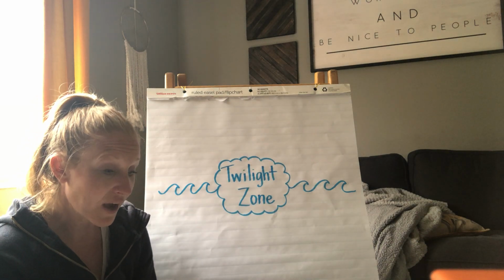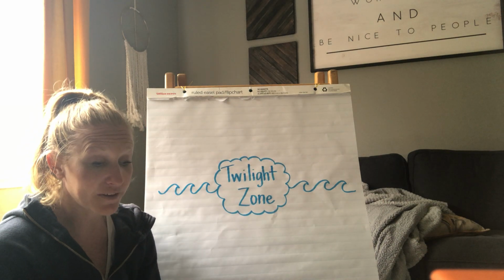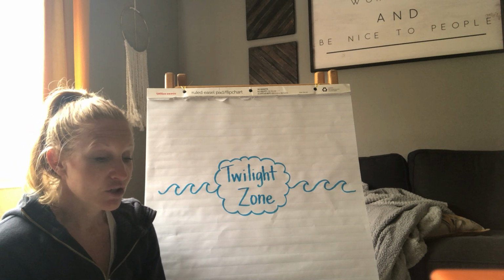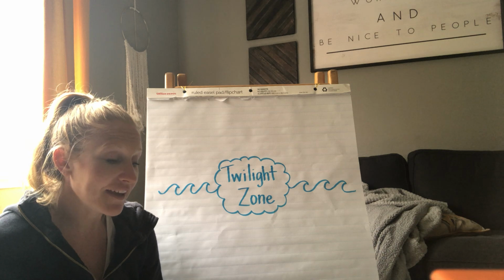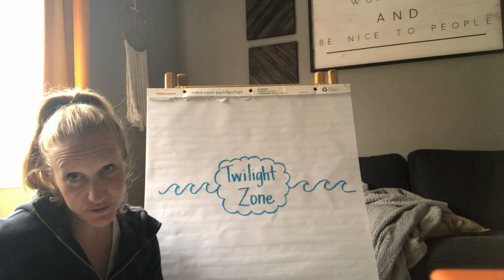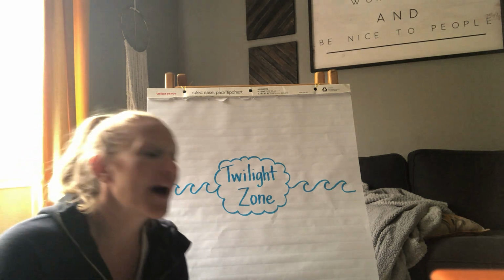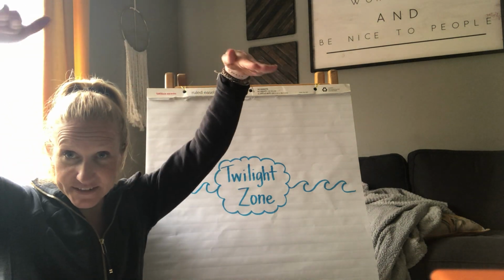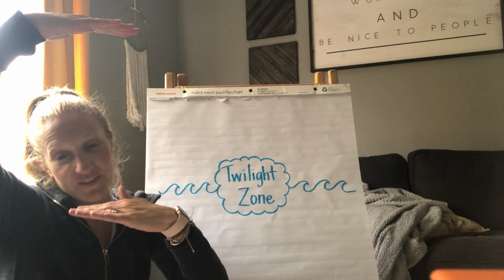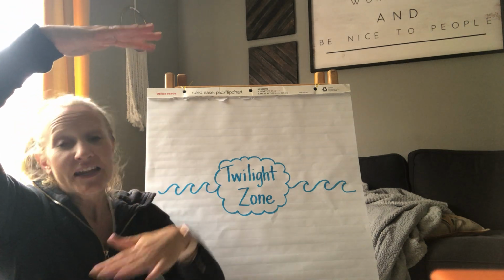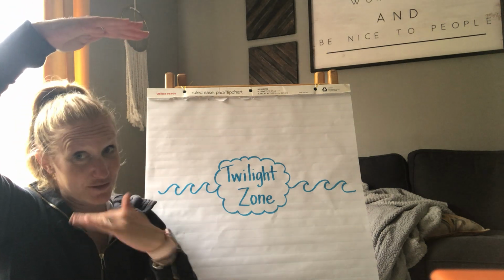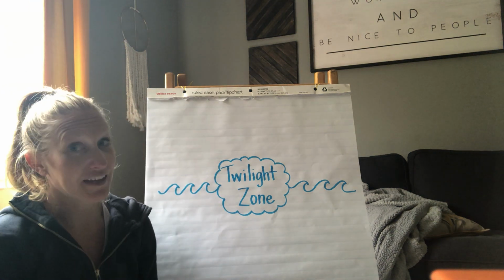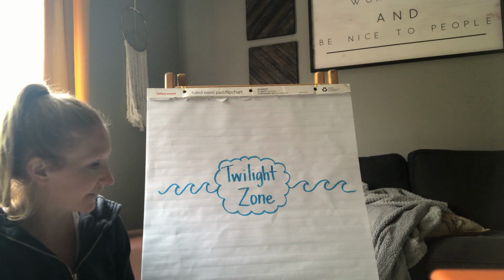It says the Twilight Zone is below the sunlight zone from about 600 to about 3,300 feet. So that means from the top of the ocean, the surface, down to 600 feet, that's the sunlight zone. Now we're starting at 600 feet and moving down to, it looks like about 3,300 feet.